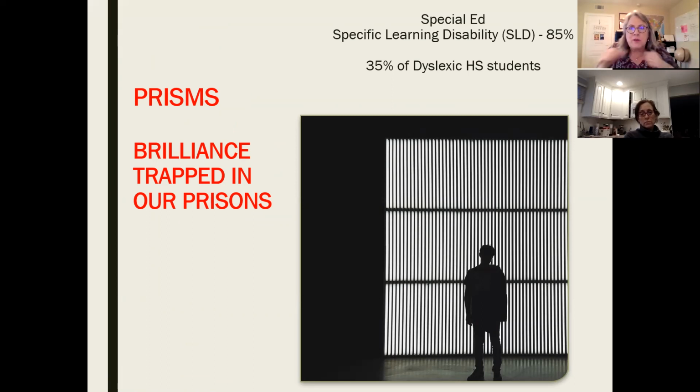It gives me the chills or makes me want to cry because there's so much potential in there. 35% of the people who drop out of high school are dyslexic. And in special ed, 85% of kids are categorized under SLD, specific learning disability, and statistics show they are dyslexic.